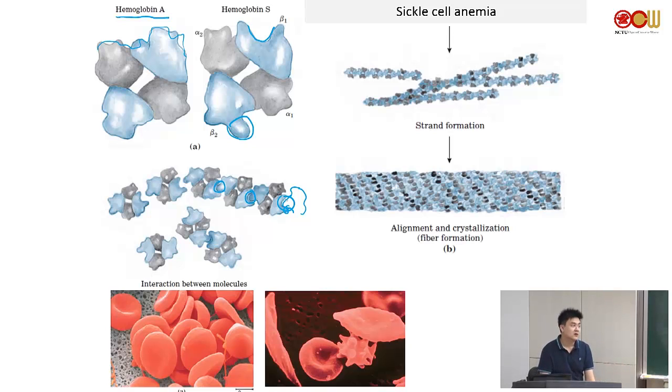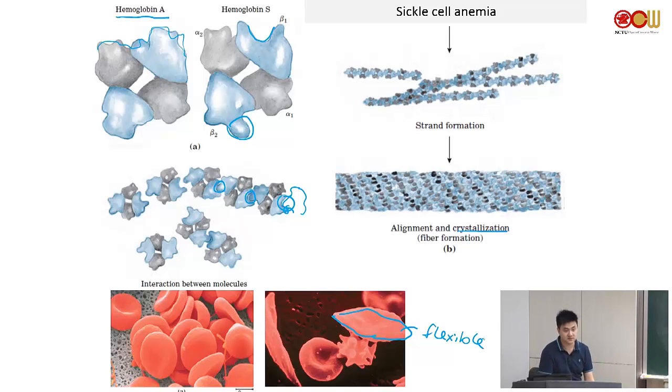Now, if you have that valine mutation, your hemoglobin now forms polymer. It forms this large crystallized structure that causes your erythrocytes, or red blood cells, to have an elongated shape. And this is no longer flexible. As a result, you will have anemia.